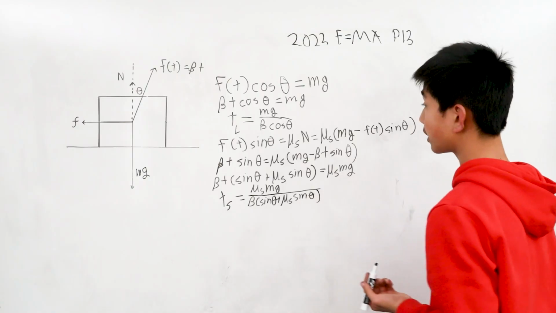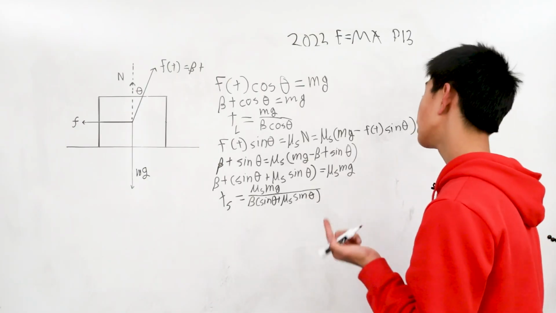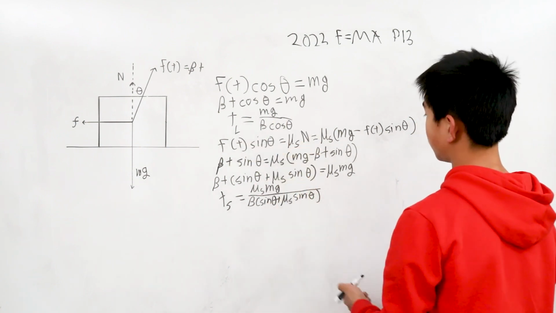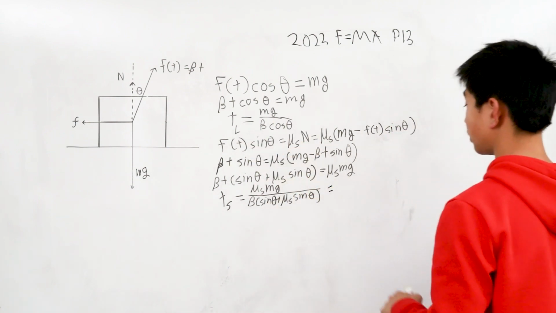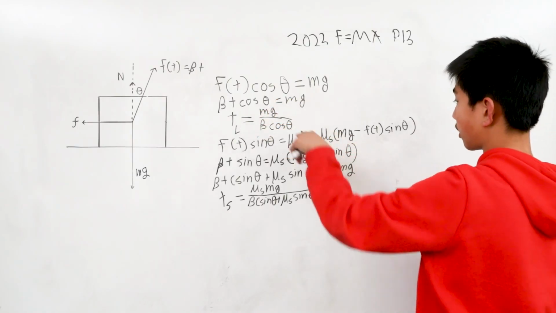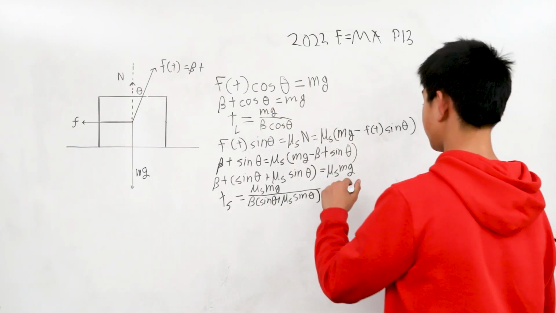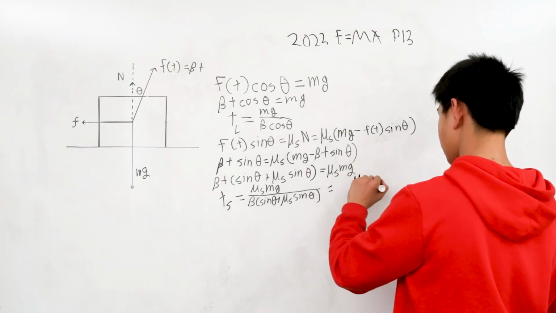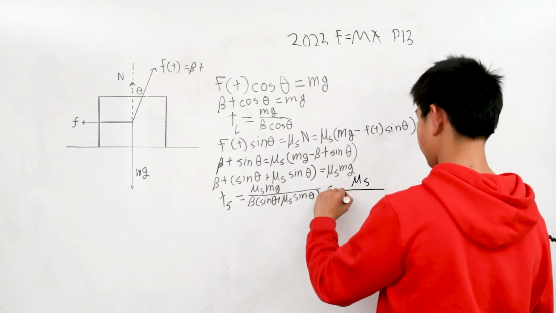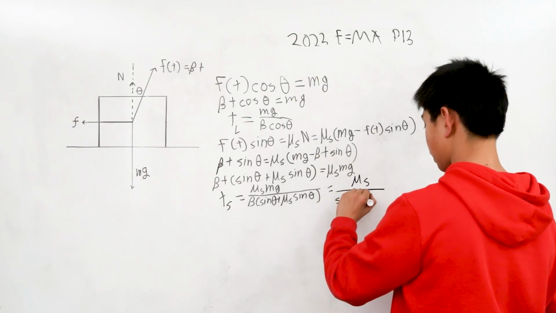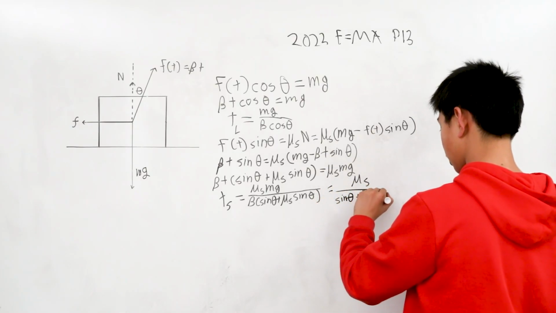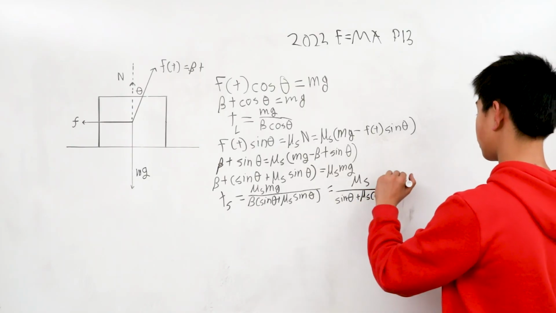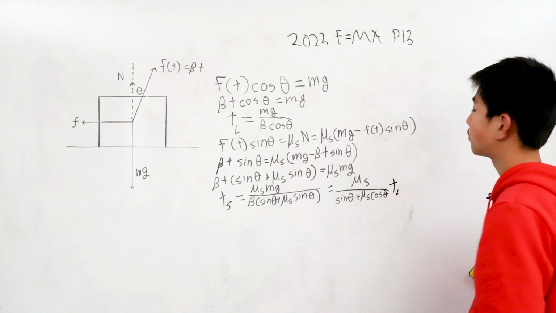What's interesting here is that we can incorporate our equation for the time of lifting, because we can factor out an mg over beta sine theta from this equation. Once you do that, this becomes mu of s over sine of theta plus mu of s cosine theta, and then this is just the time for liftoff.